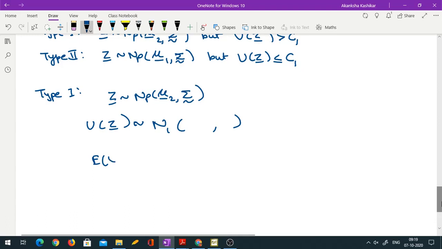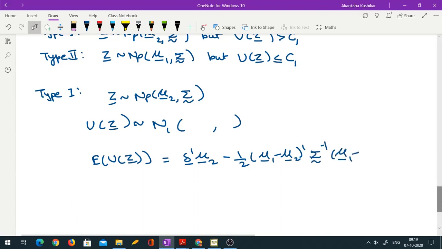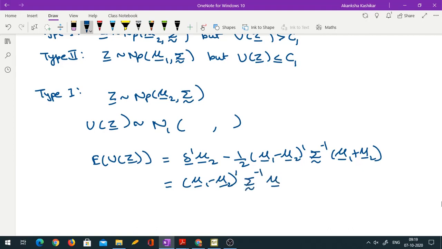So the expectation of uz would be delta prime mu2 minus half mu1 minus mu2 prime sigma inverse mu1 plus mu2, because delta prime z will have normal distribution with mean delta prime mu2. Now delta is mu1 minus mu2 whole prime sigma inverse, then I have mu2 coming from here, minus half mu1 minus mu2 prime sigma inverse mu1 plus mu2.